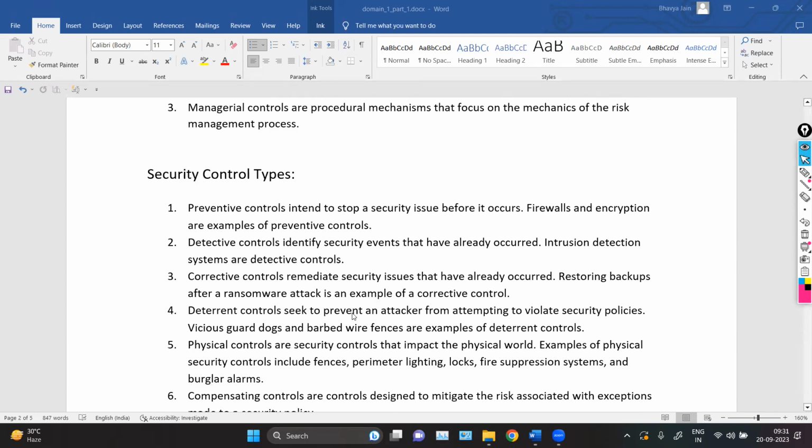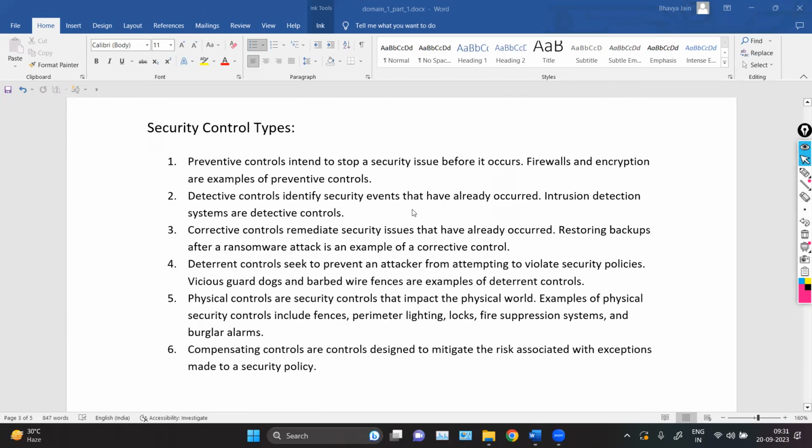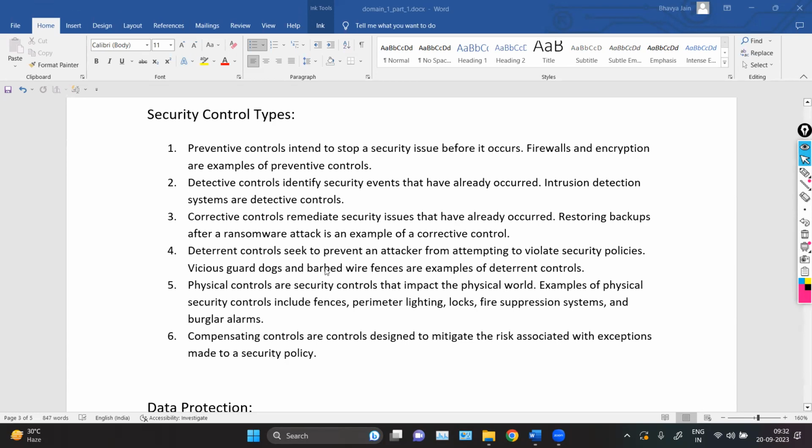That we will discuss in a separate module. Then we have security control types. Preventive means taking precautions before the attack. Detective means identifying the security incident. Corrective means correcting the security incident. Deterrent means reducing the effect of an attack, or preventing the attacker from attacking as well.